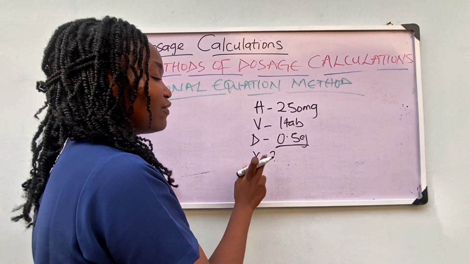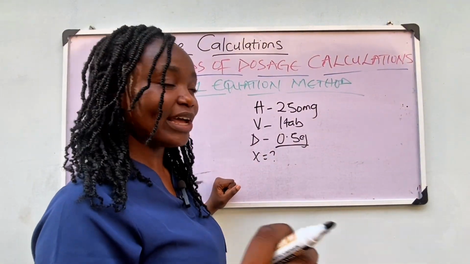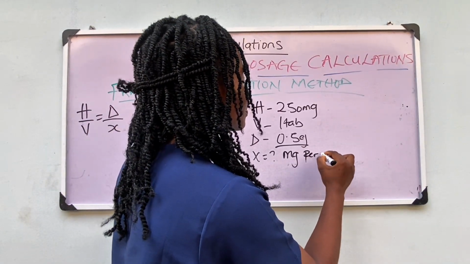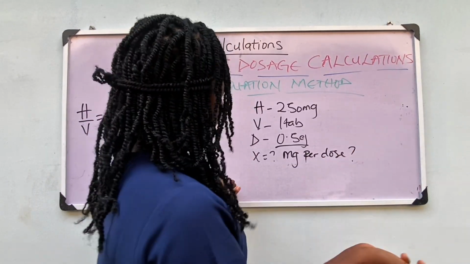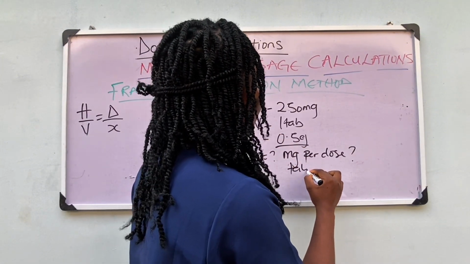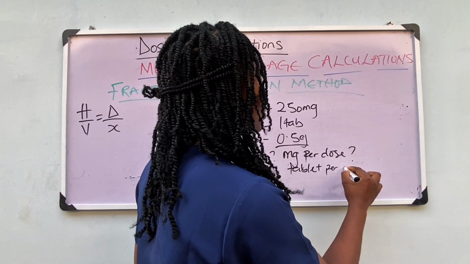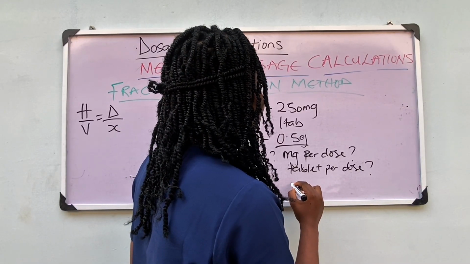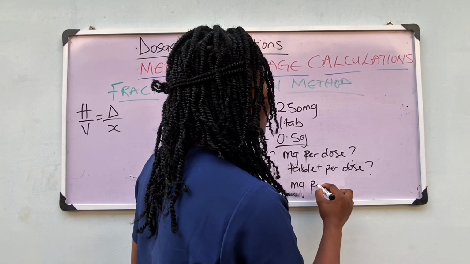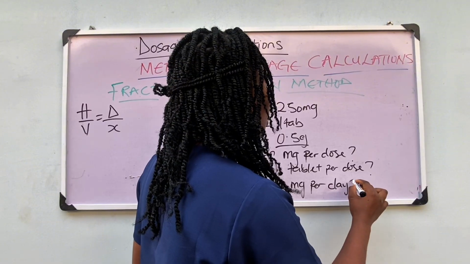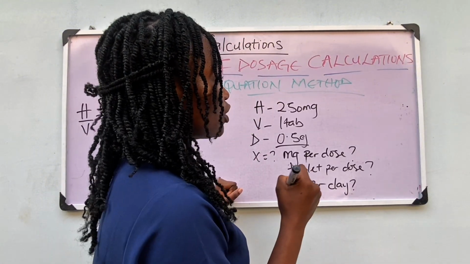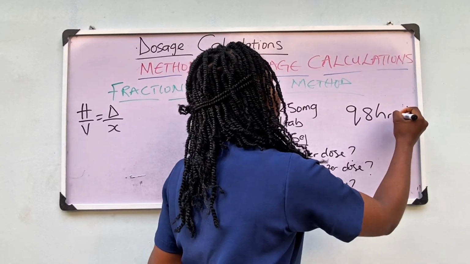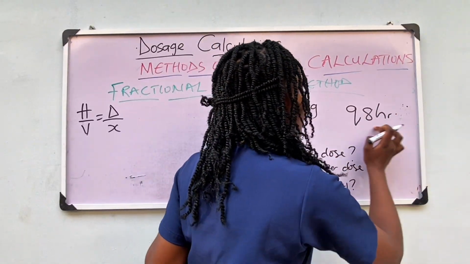And obviously we have what we are looking for: first, how many milligrams per dose; the other thing, how many tablets per dose; and finally, how many milligrams per day. When we look at all of this, remember that this drug was given Q8 hourly, which means it was given 8 hourly.